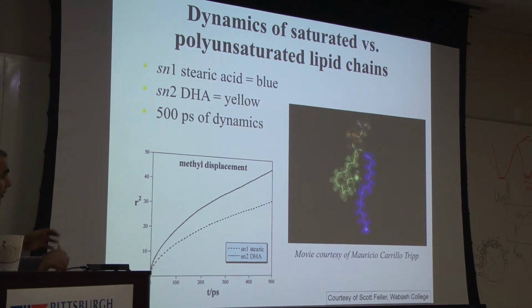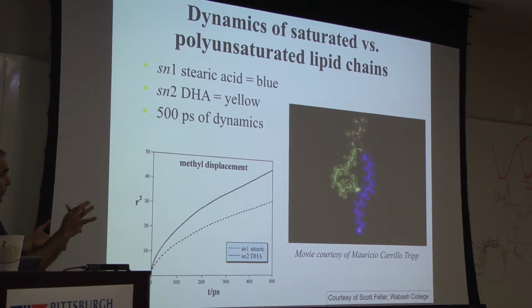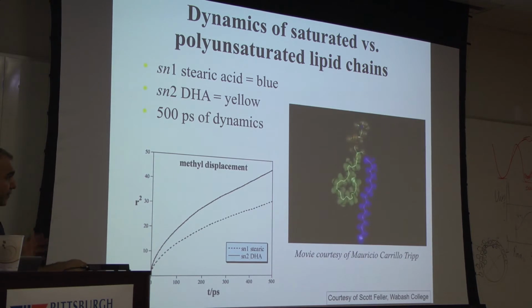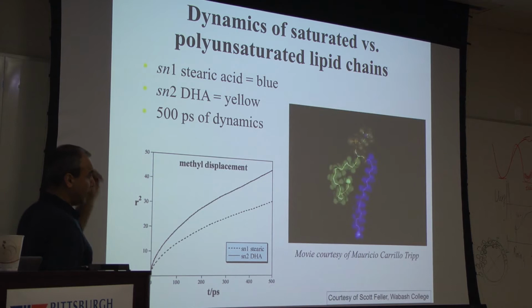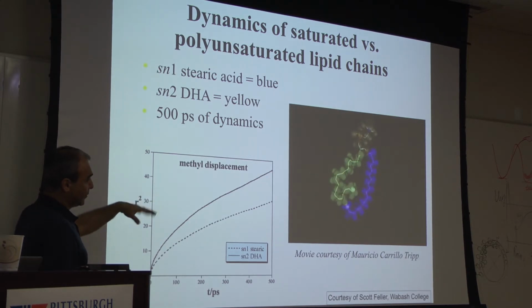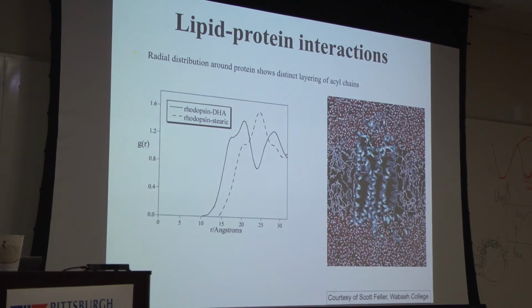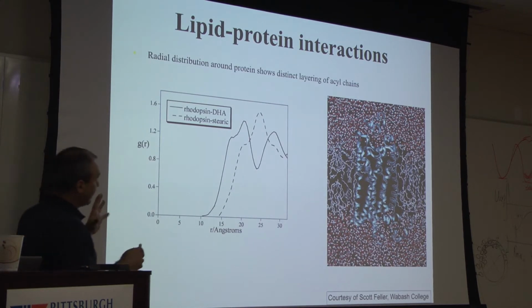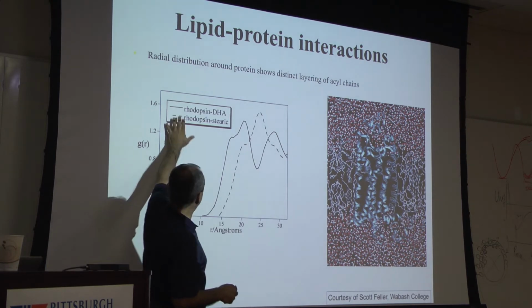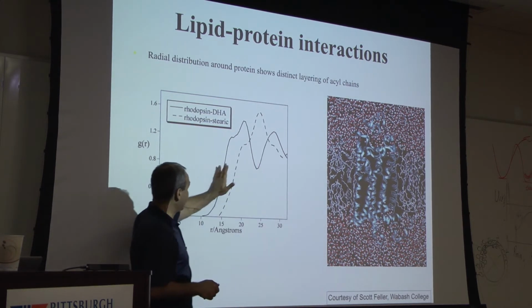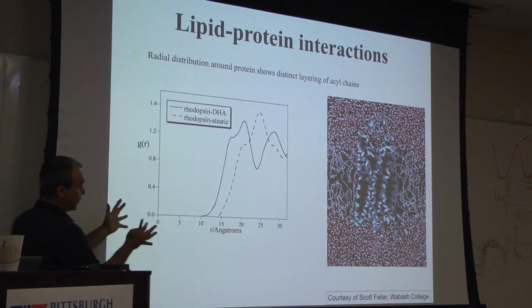That would affect the way it approaches protein surfaces. They were interested in this case because this is the abundant lipid for rhodopsin in the retina. They were interested in how these lipids interact with rhodopsin and might affect the conformation or dynamics of rhodopsin. And because that unsaturated tail is more flexible, it packs much closer to the protein.